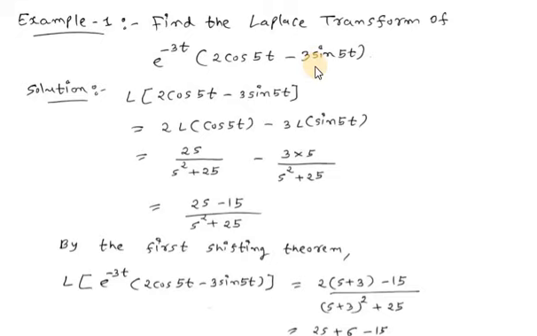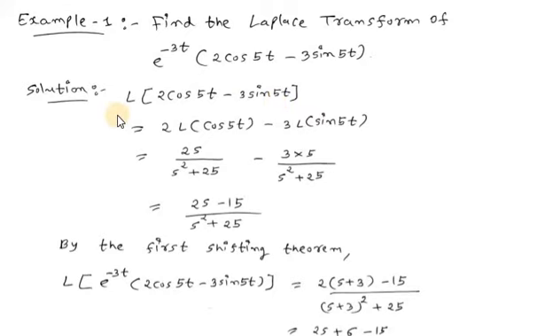According to the first shifting theorem, you have to find the Laplace transform of f of t, and in that function of s you have to replace s by s plus 3 if f of t is multiplied by e raised to minus 3t, and if f of t is multiplied by e raised to 3t, then you have to replace s by s minus 3.